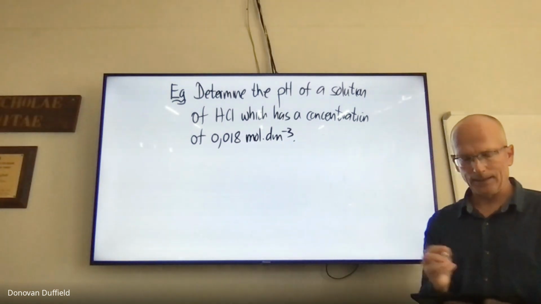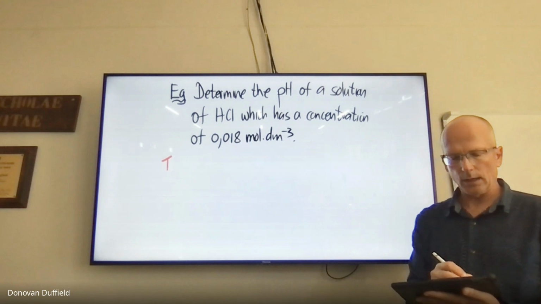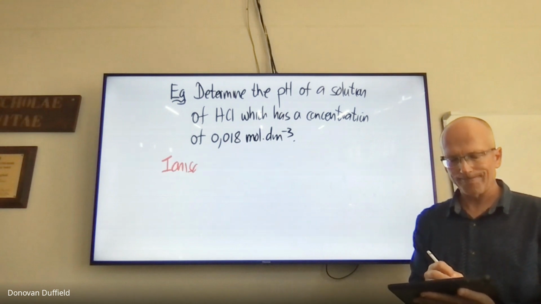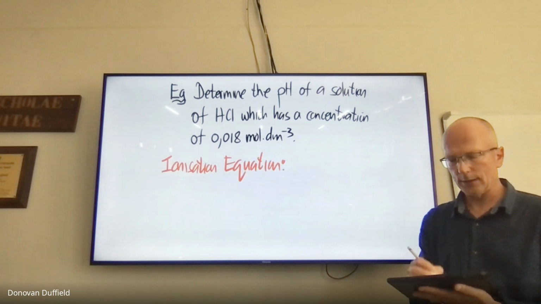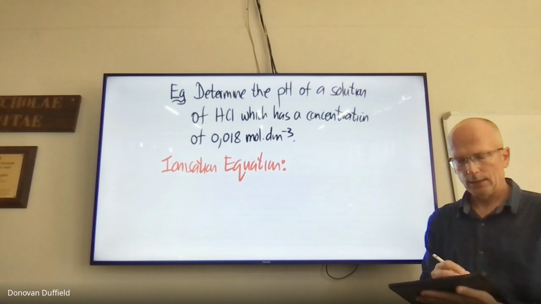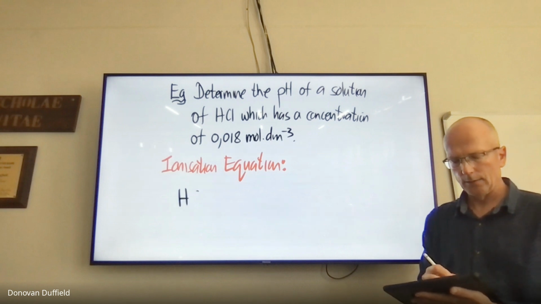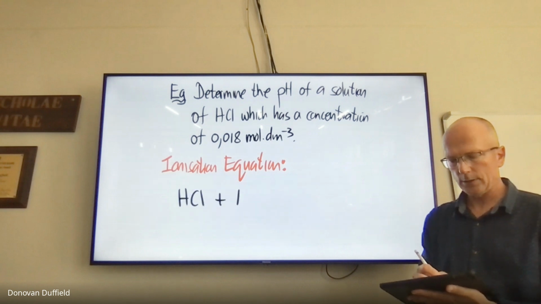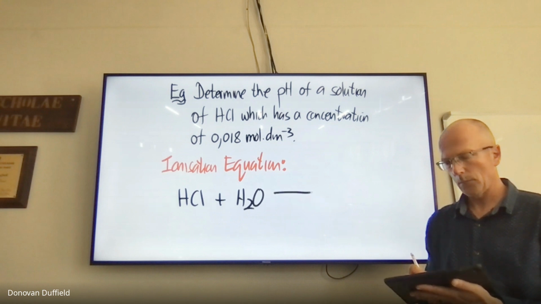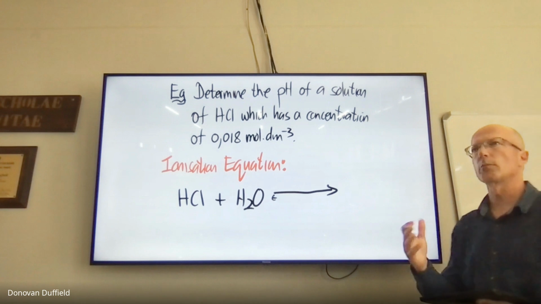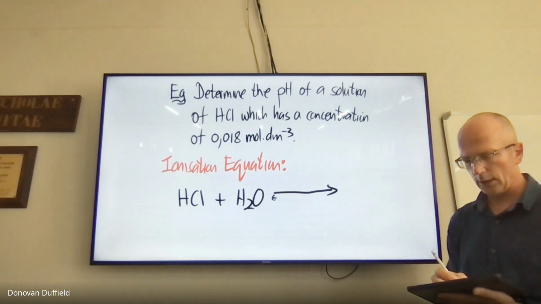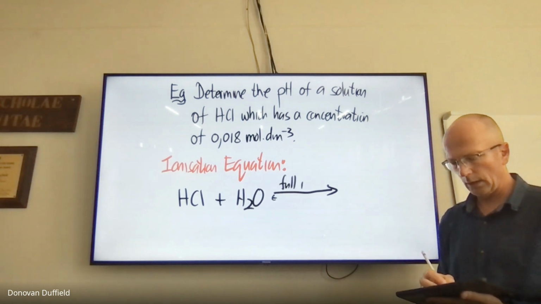You need the ionization equation for HCl. So we've got HCl plus water, and there's a very small recombination, so we can basically say it fully ionizes. We can assume full ionization.